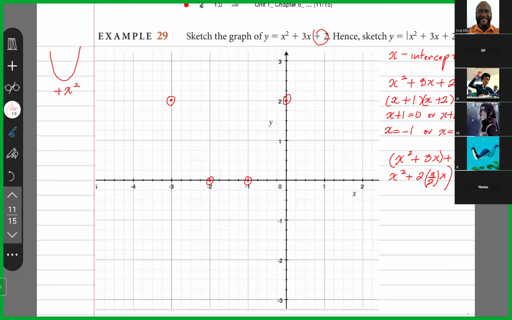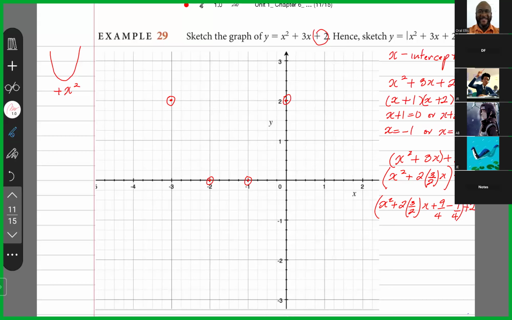All I did was multiply and divide 3x by 2, plus 2. Then I'm going to have x squared plus 2 times 3 over 2x plus 9 over 4 minus 9 over 4 plus 2.